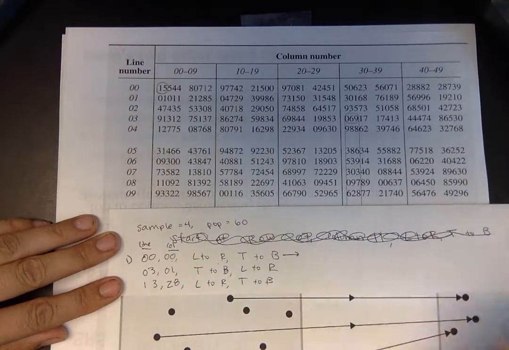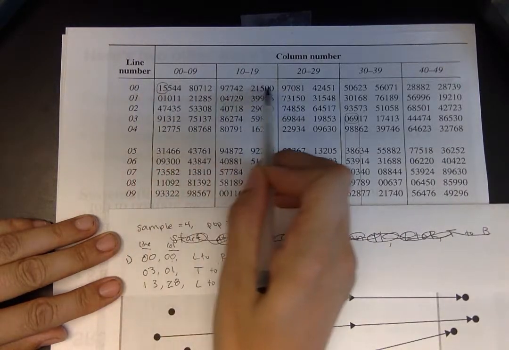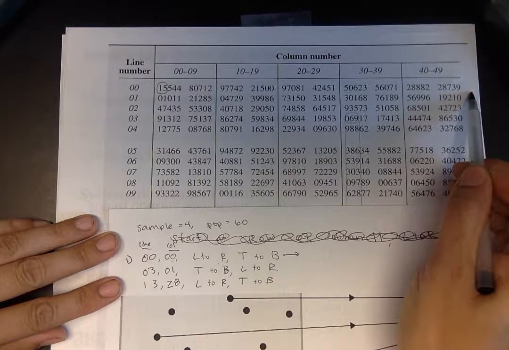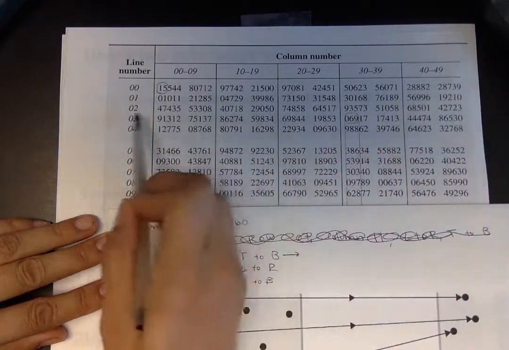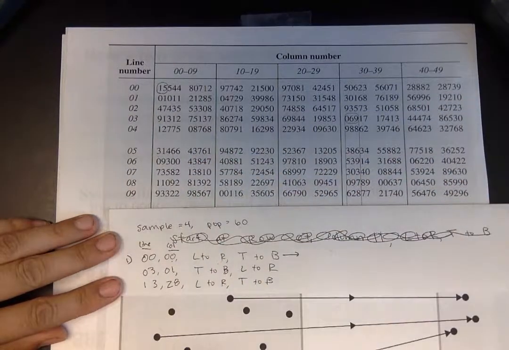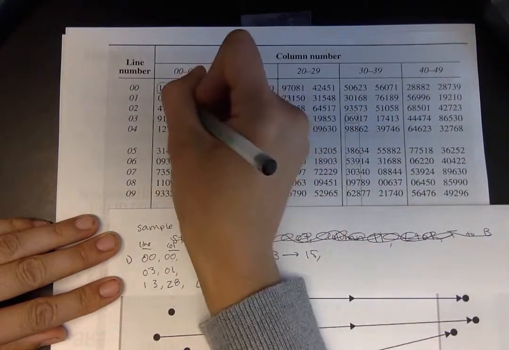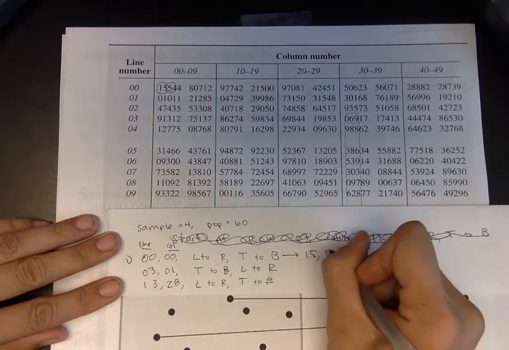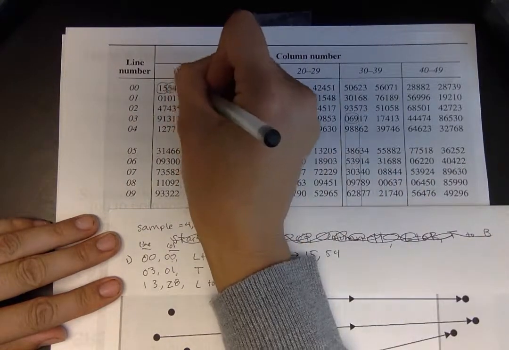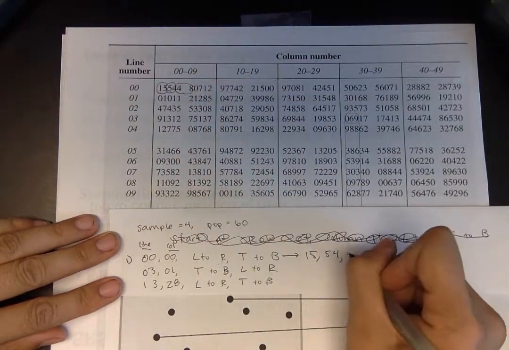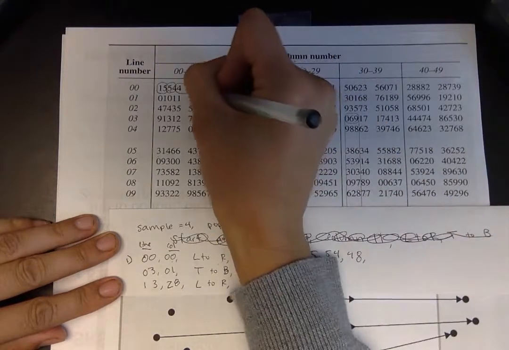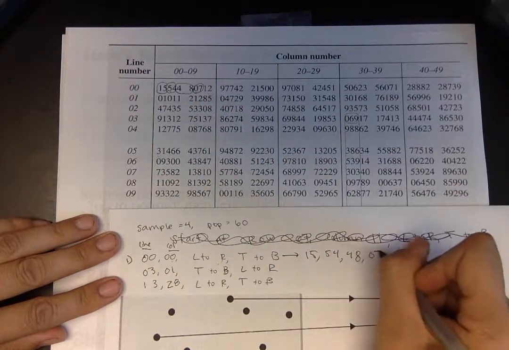And so my first number is 15. I've chosen to go left to right, so I'm going to go left to right all the way before I get to the next line, and the next line if I decide to keep going. So I'm going to go 15. And then my next number is 54. And then my next number is 48, and then my next number is 7.